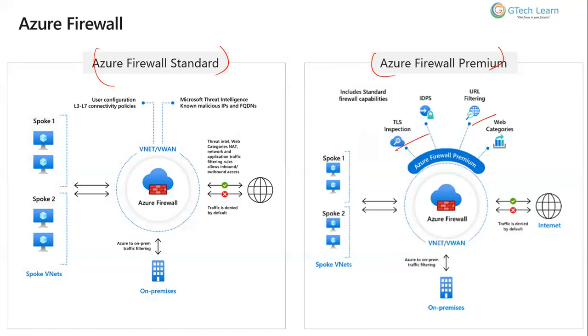It provides advanced threat protection that meets the needs of highly sensitive and regulated environments, such as the payment and healthcare industries. In the premium SKU, features like IDPS and TLS inspection help prevent malware and viruses in our environment.